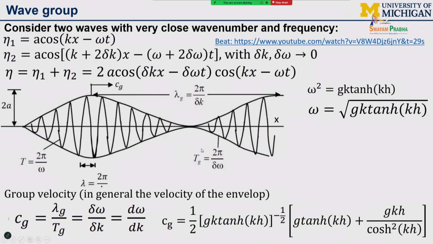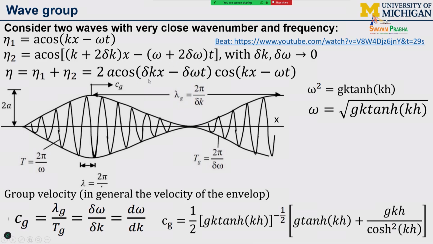We already learned the phase velocity, omega divided by k, and we learned the phase velocity in deep water and in shallow water. They are different. And now the group velocity is the envelope's motion.